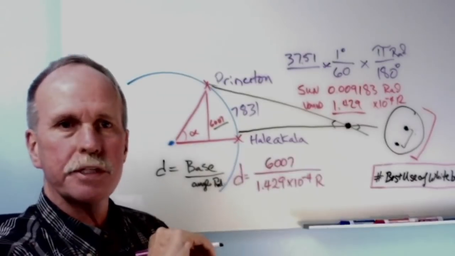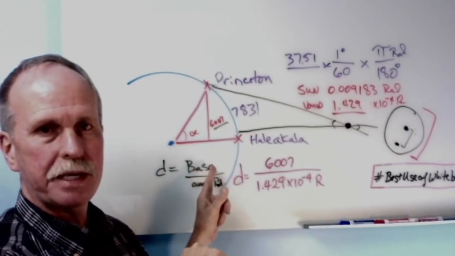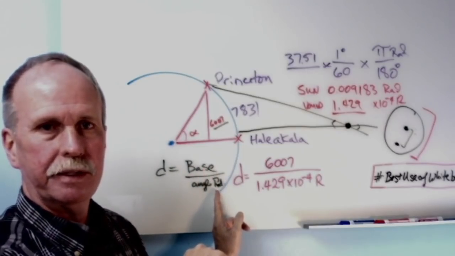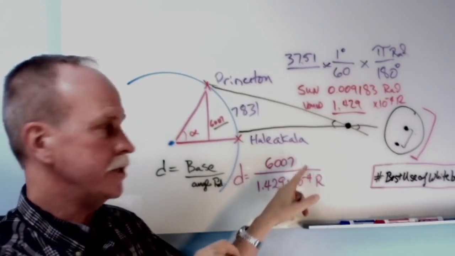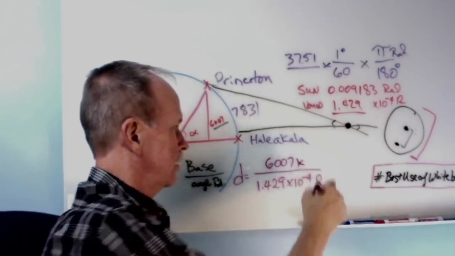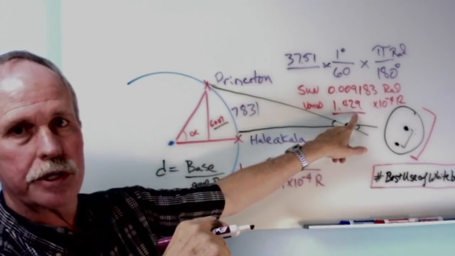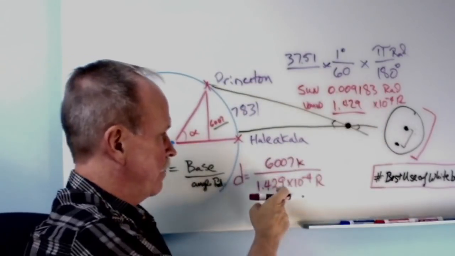Now we're actually ready to calculate the distance to Venus. Okay, so let's go ahead and put some numbers in. Here's our formula. Distance is the base length over the parallax angle. Now the base length is 6,007 kilometers, and the parallax angle is 1.429 times 10 to the negative 4 radians, and we have that here.